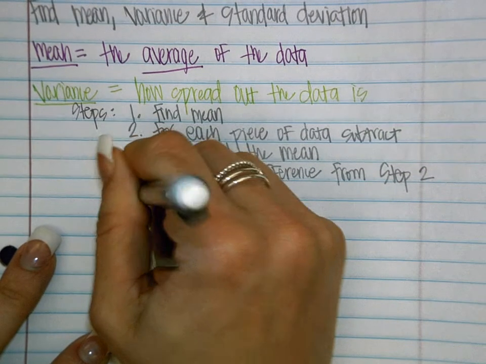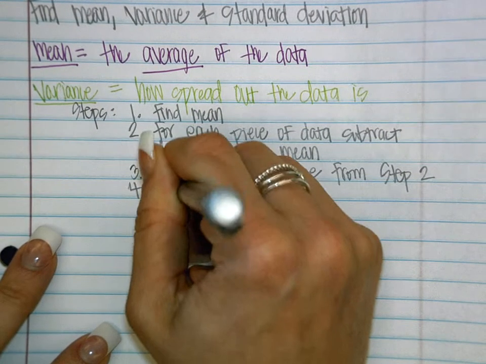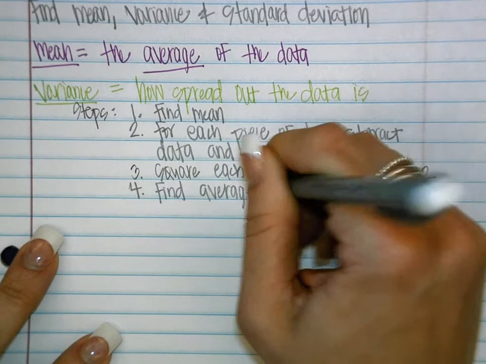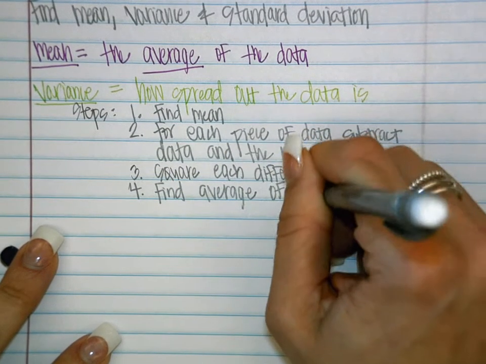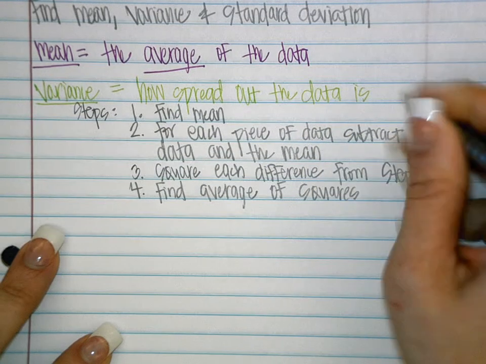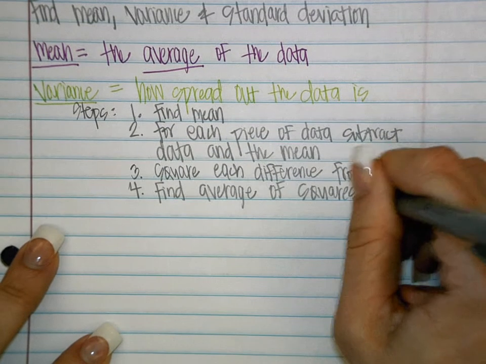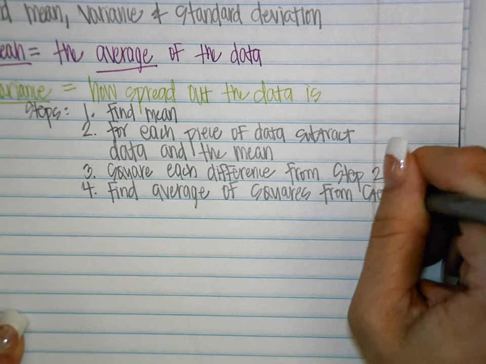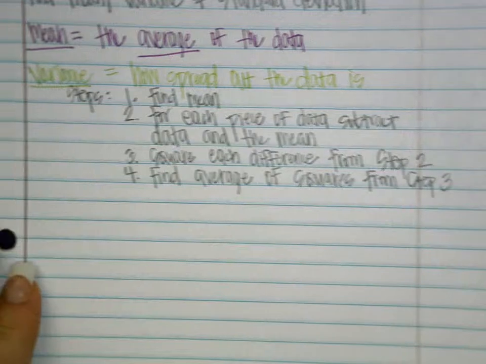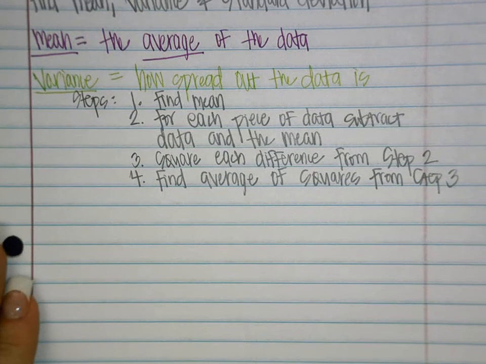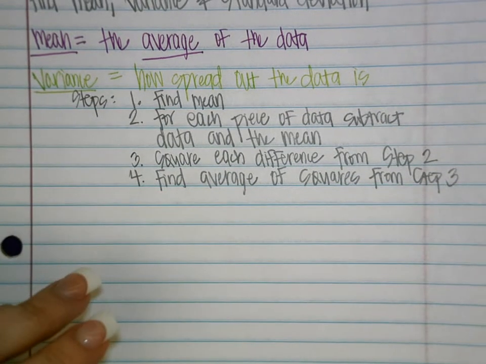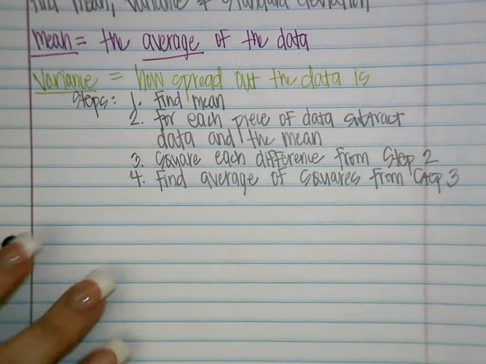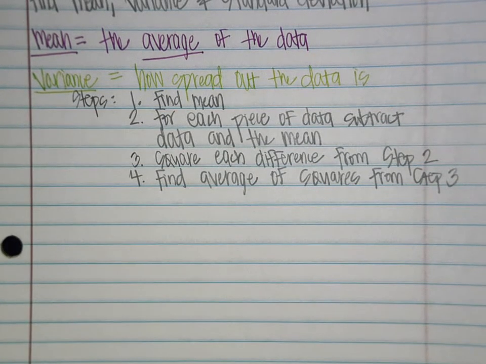And then your last step, step 4, is to find the average of the squares from step 3. And that's just to find the variance. So we will get to standard deviation in a minute.